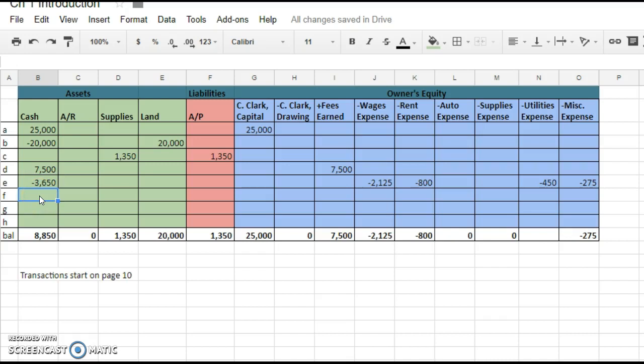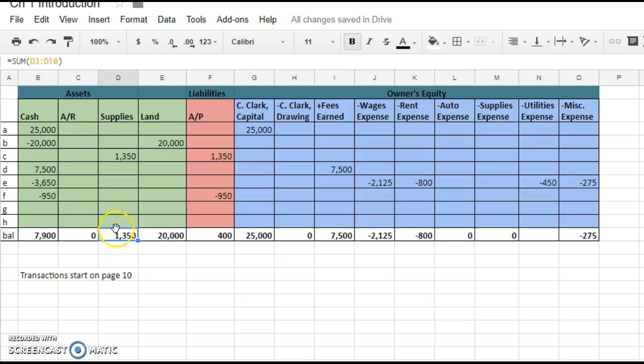Okay. Next, F, Net Solutions paid creditors on account. So if you paid creditors, your cash and bank goes down. Here's my creditors, $950. All right. This one's a hard one. G, Chris Clark determined that the cost of supplies on hand at the end of the month was $550.